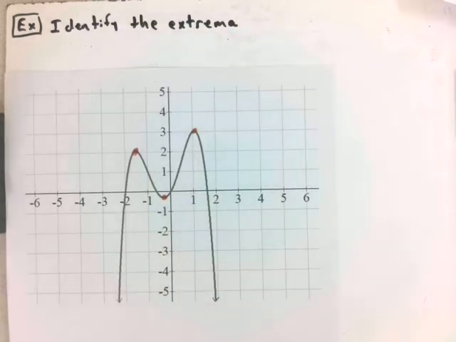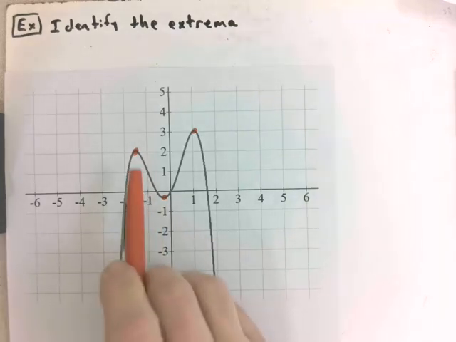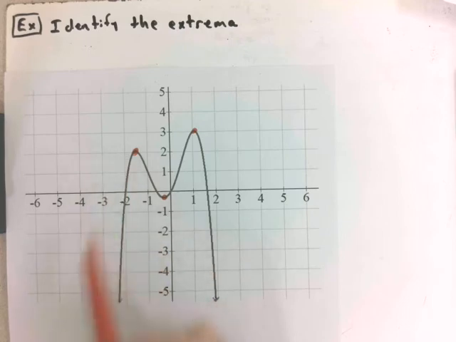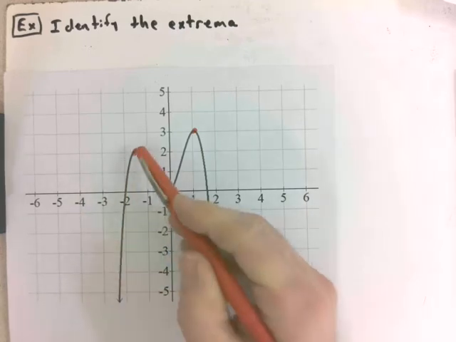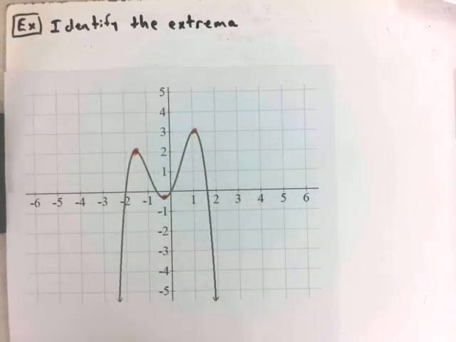When we describe maximums and minimums, our book is going to use two adjectives to describe them: relative and absolute. If you take a look at this graph, we do have two maximums because we have two peaks. Both of these are relative maximums.